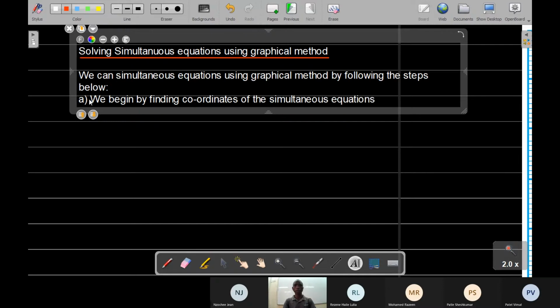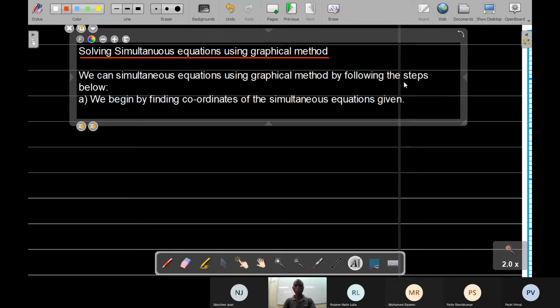So we first obtain the coordinates of those simultaneous equations which are given. I'll show you how we get those coordinates, and the same way we shall also do for quadratic equations. Then after that, we plot them.